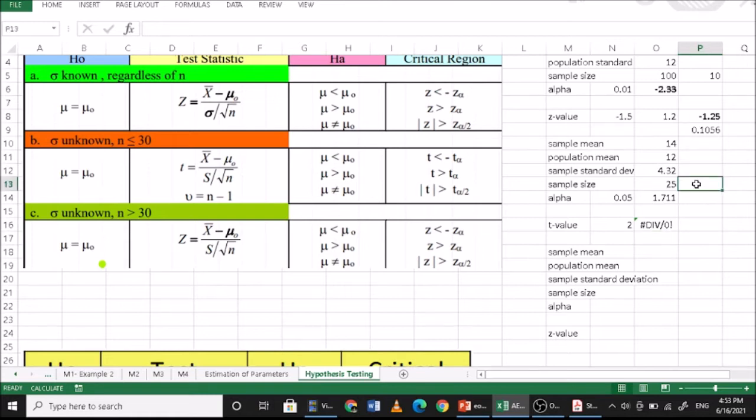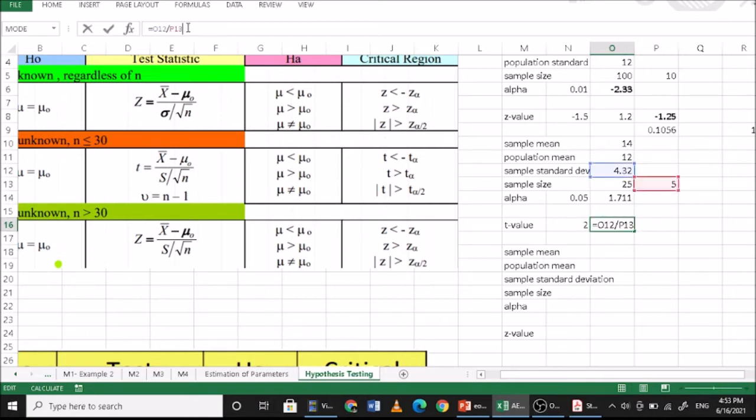The square root of n is the square root of 25, which is 5. So this is now 4.32 divided by 5, which is 0.864. Then you have sample mean minus population mean divided by that standard error, so this is now 2.31314. And your critical region is t greater than t alpha.